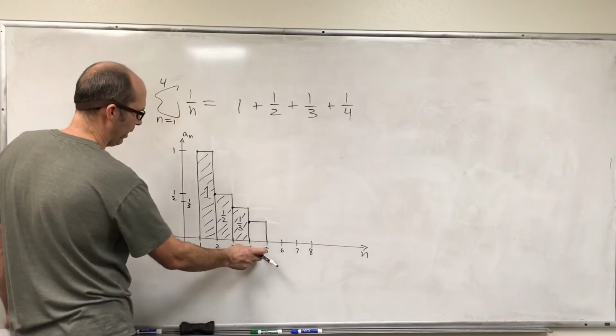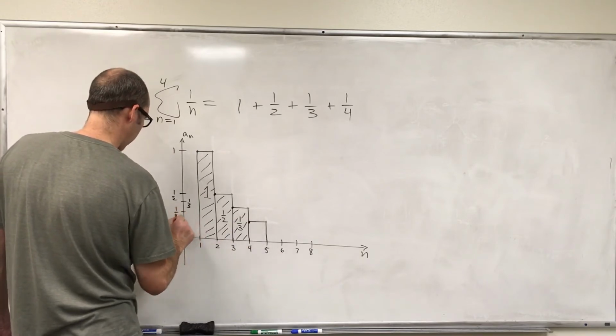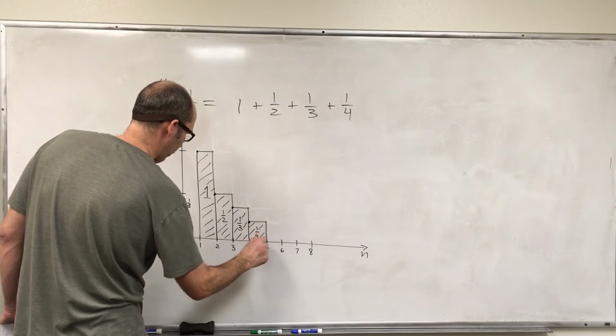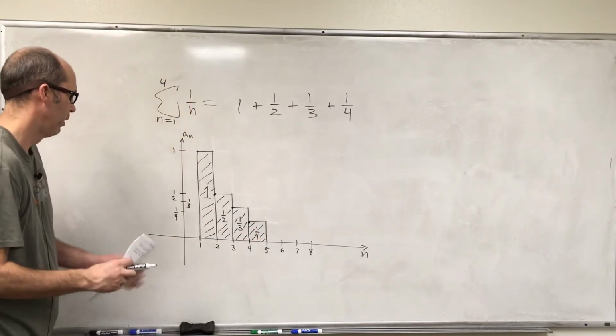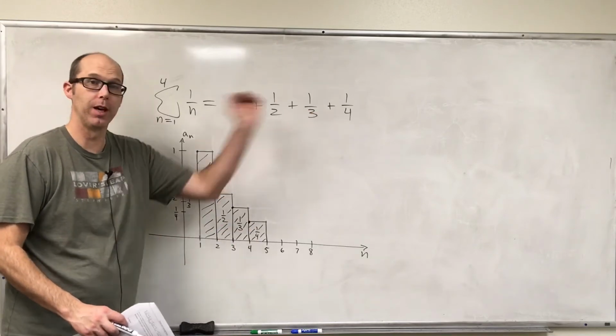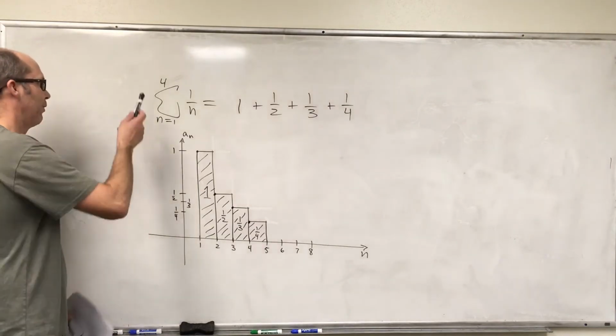This rectangle has width 1 and height 1/4. So this area is 1 plus a half plus a third plus a fourth. You see that there.